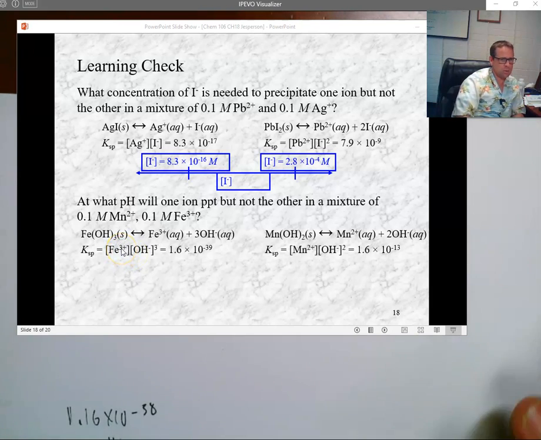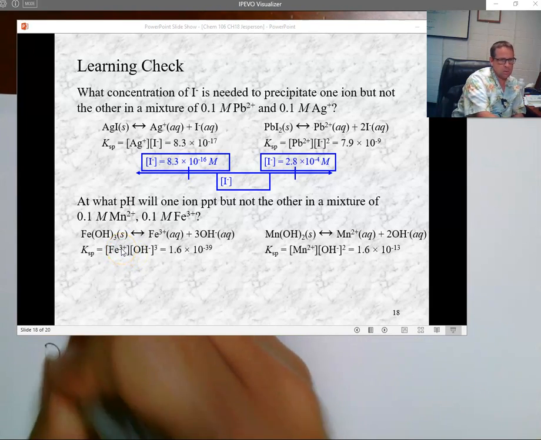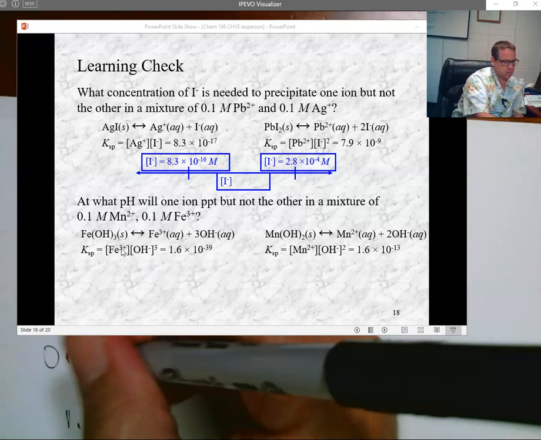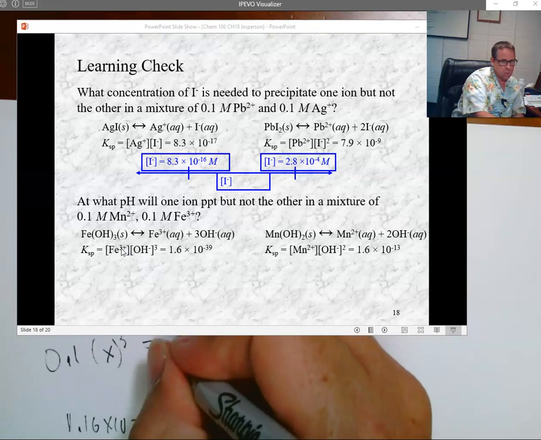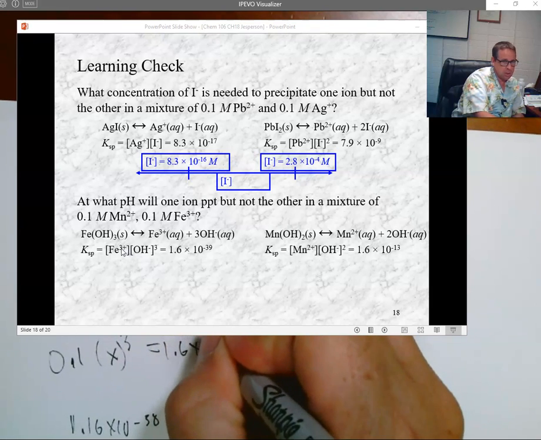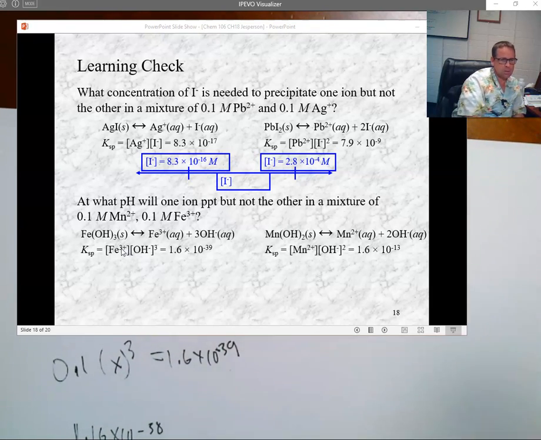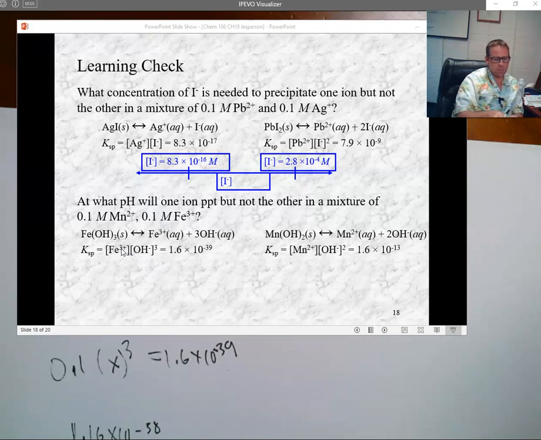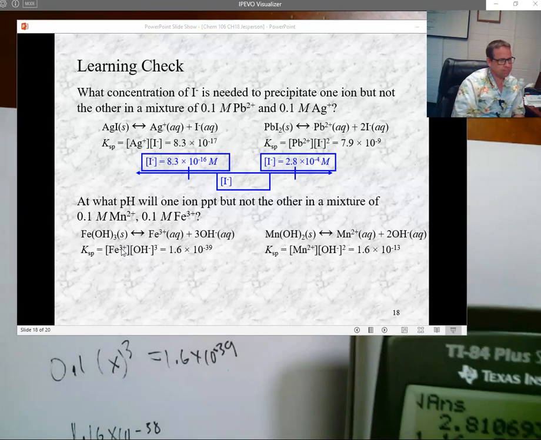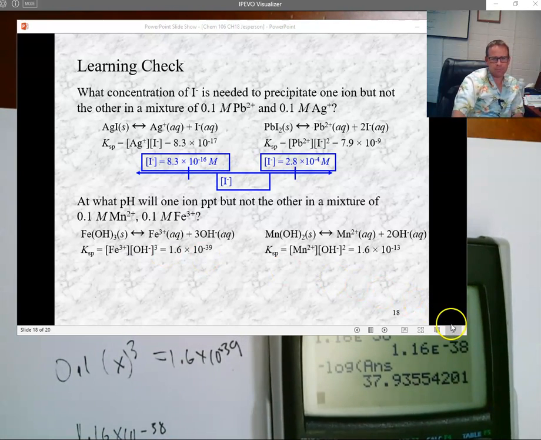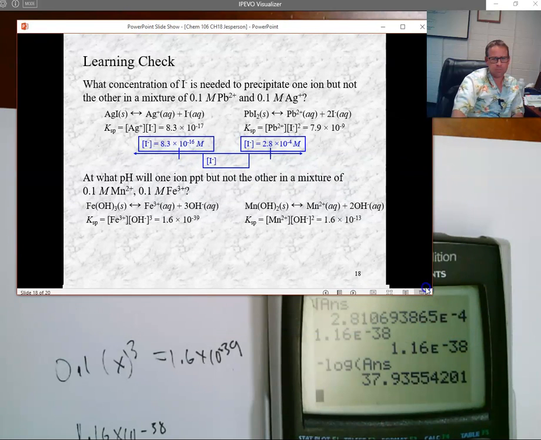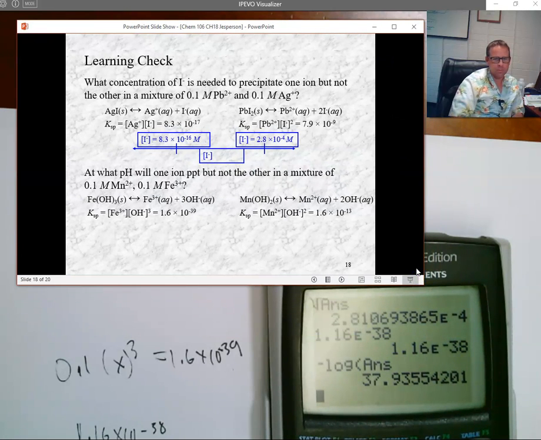So the iron concentration was 0.1. And the hydroxide ion concentration, X cubed, equals 1.6 times 10 to the minus 39. So I take 1.6 times 10 to the... Oh, you didn't take the cube root of it, did you? Possibly, or did you? I did, but I'm not sure.